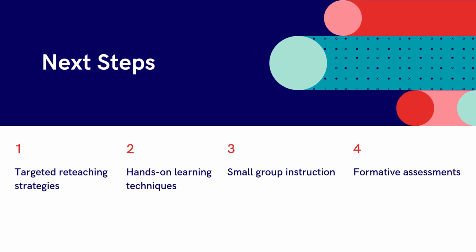And of course, maybe adding on a few more formative assessments along the way. So again, targeted reteaching, hands-on learning, small group instruction, and adding in a few more formative assessments to maybe gauge where the students are in the learning process.